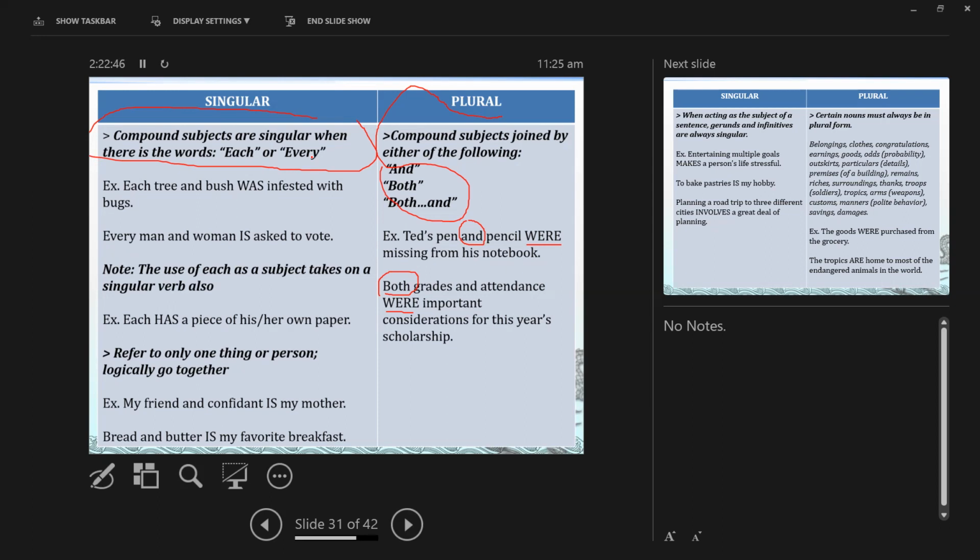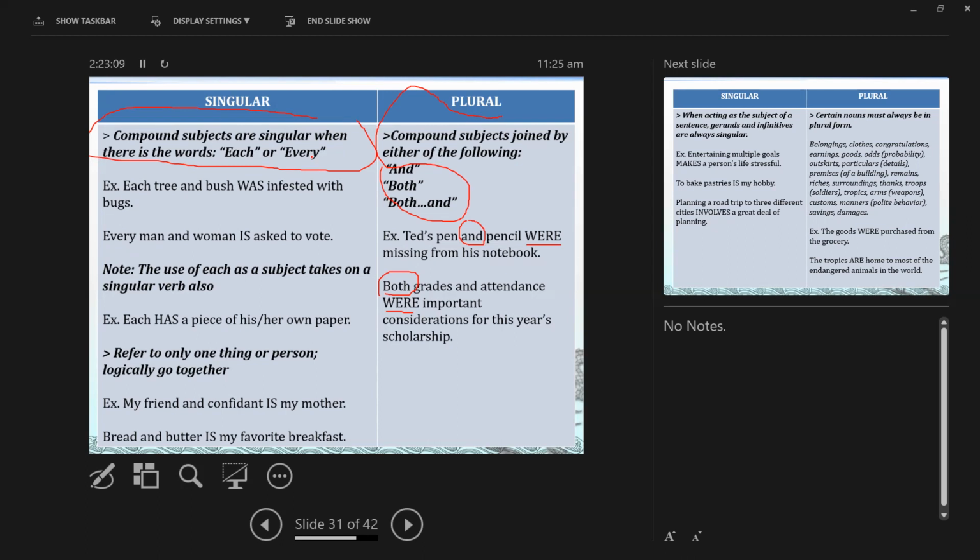So how about each and every? Okay. Each parent wants to buy a new car for their child. Okay, medyo mas challenging tong part na to, no? Okay.